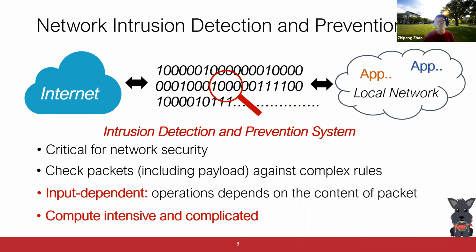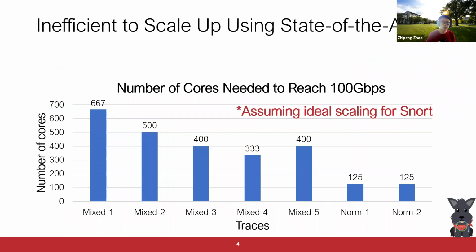And because of the input-dependent behaviors, this application is also very complicated. Due to the intensive computation requirements and the complexity of the designs, state-of-the-art intrusion detection systems are struggling to keep up with the ever-increasing line rate.